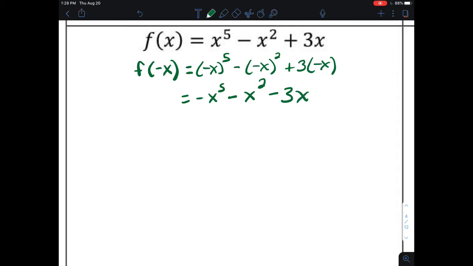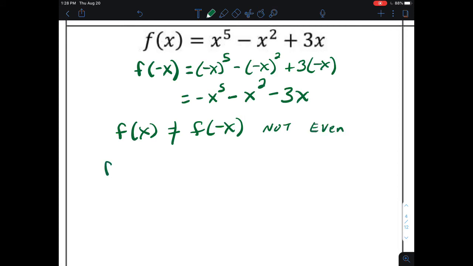And I look here and say, well, I need to answer this question. Does f of x equal f of negative x? And the answer is no, it does not equal, because the signs are different. So therefore, I know it's not even.